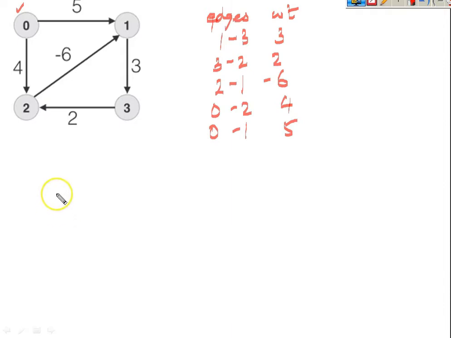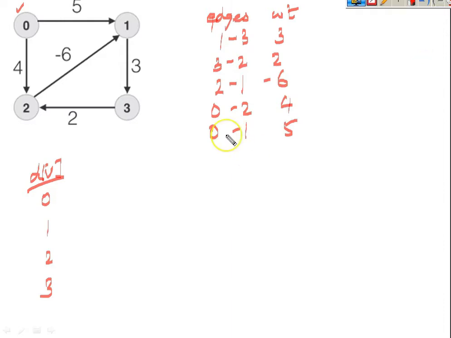Now I am going to write the d values of each vertex. So here I am writing the d values of the vertices: we have vertex 0, 1, 2 and 3. One thing you need to remember here is that I have written 1 to 3 with weight 3, 3 to 2 with weight 2. You can start from any edge.